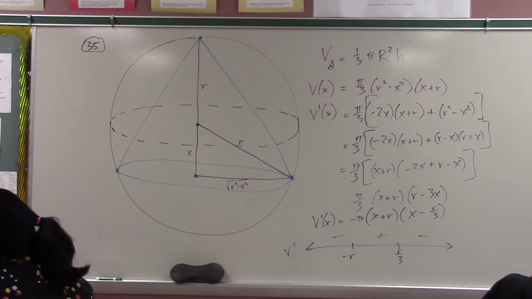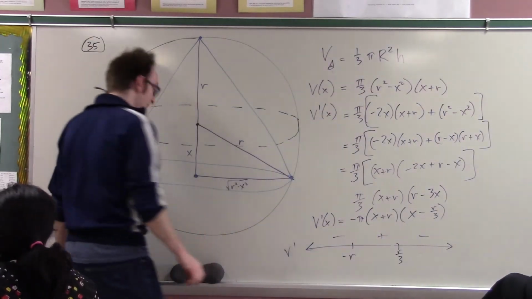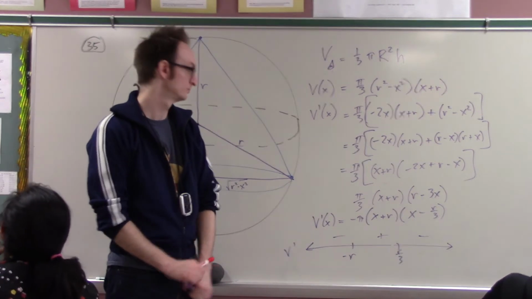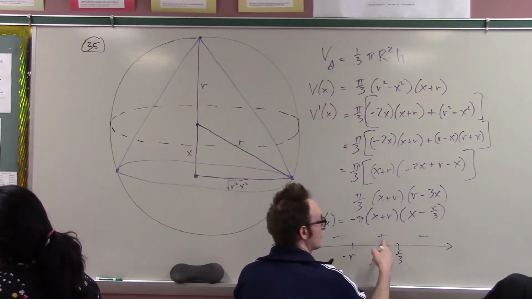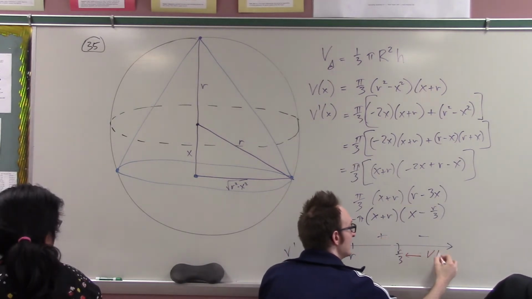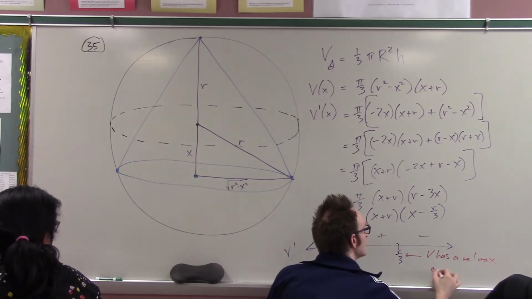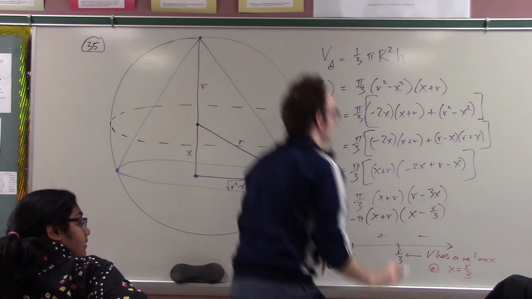And so what was the overall goal for this problem? To figure out when the volume is maximum, and where do we have a relative maximum? At r over 3. So my conclusion is, as the derivative of V changes sign from positive to negative, V has a relative max at x equals r over 3.